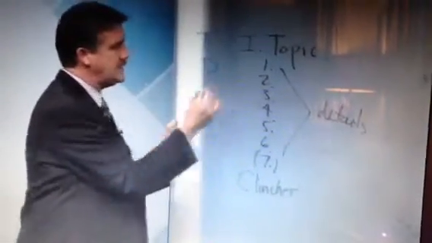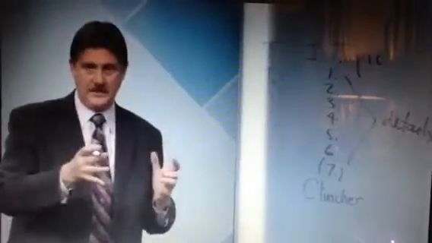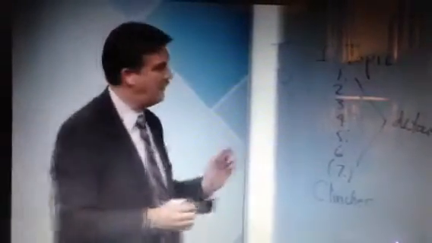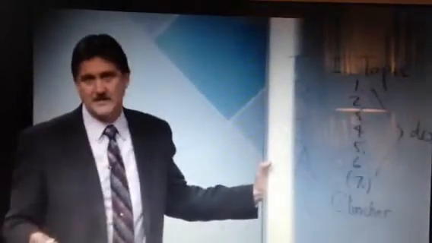And the way it works is T stands for topic, R stands for restriction, where you narrow something ever so slightly. I stands for illustration, or maybe information. And A stands for analysis.